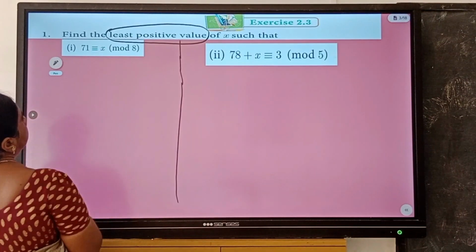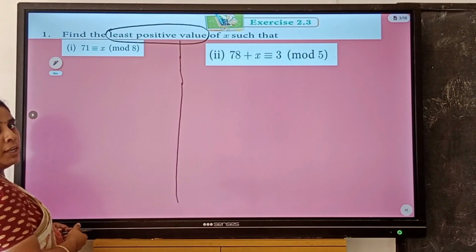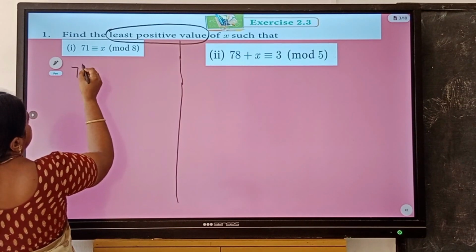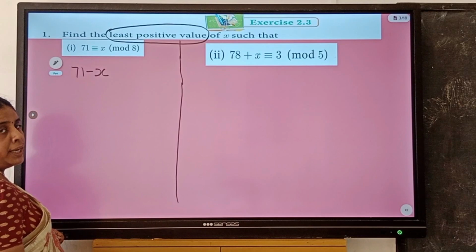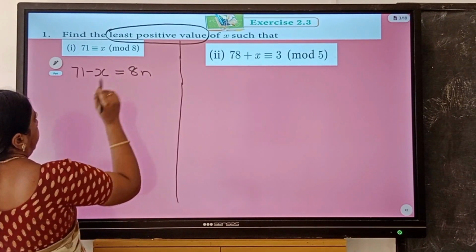Now here they have given 71 is congruent to x mod 8. As I have to explain to you, I am bringing this remainder x to the other side. So I write 71 minus x is some multiple of 8.